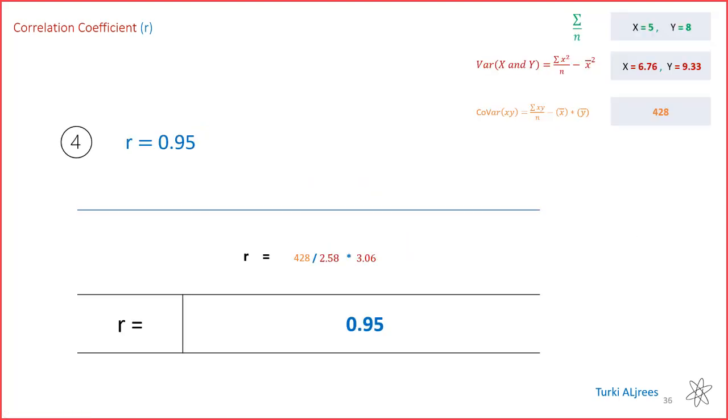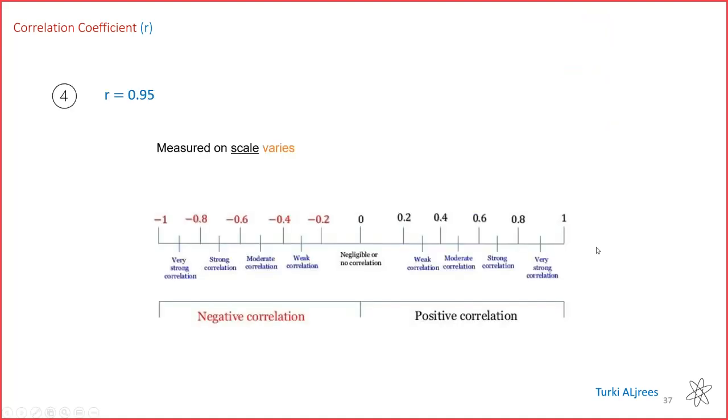What does this answer really mean? The correlation coefficient is measured on a scale that varies from -1 to 1.